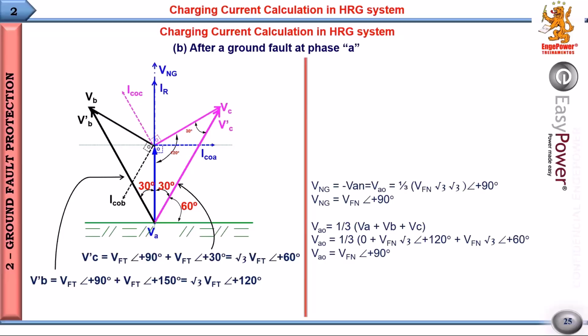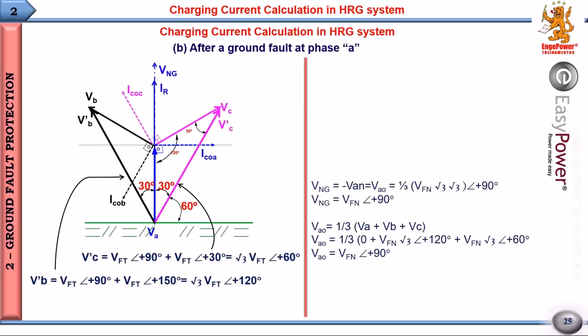And the summation of these two voltages will give us the new voltage for this unfaulted phase here. So the voltage relative to the ground is no longer VC, but V prime C. And this angle is 60 degrees, just like shown here.